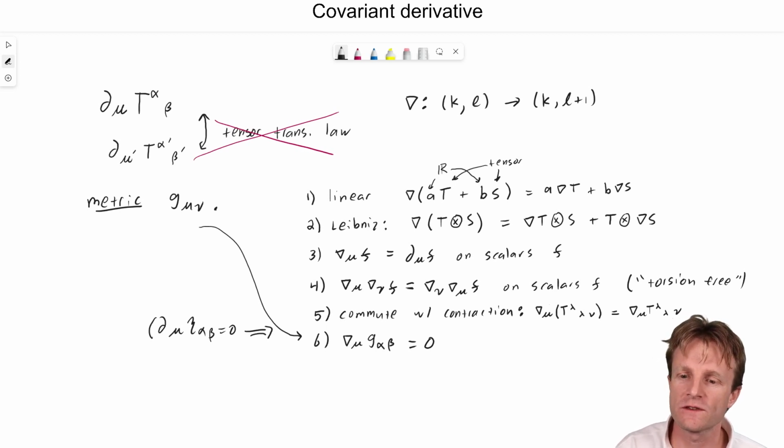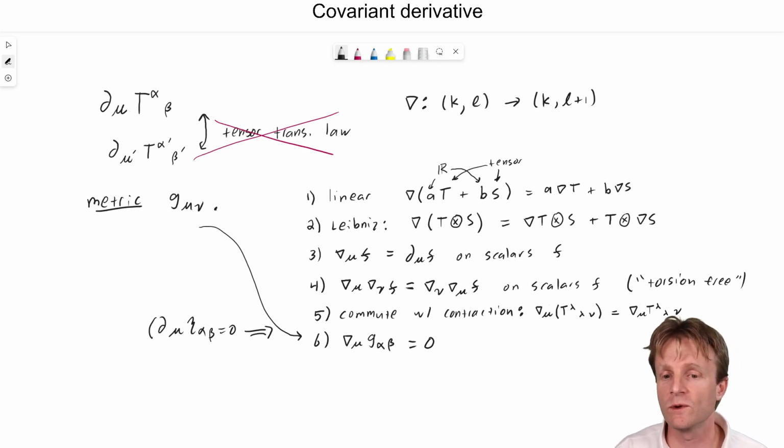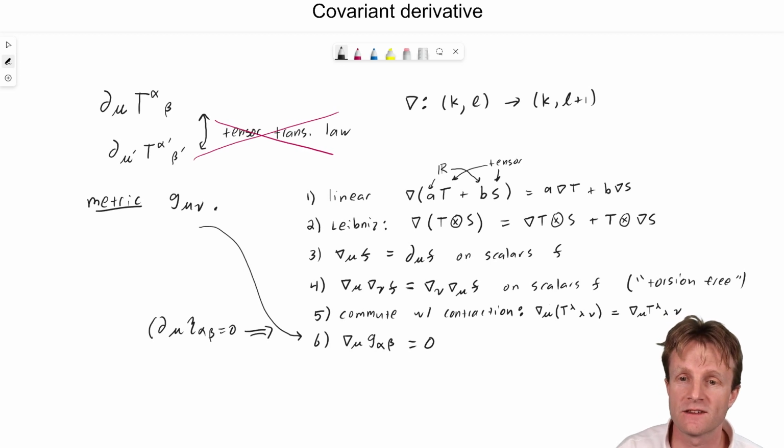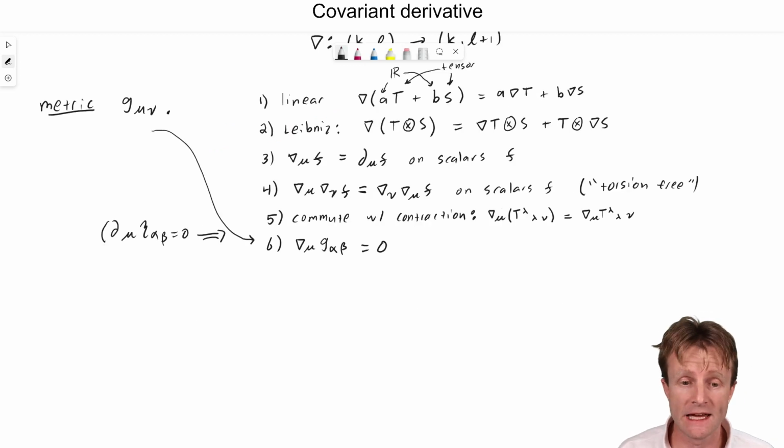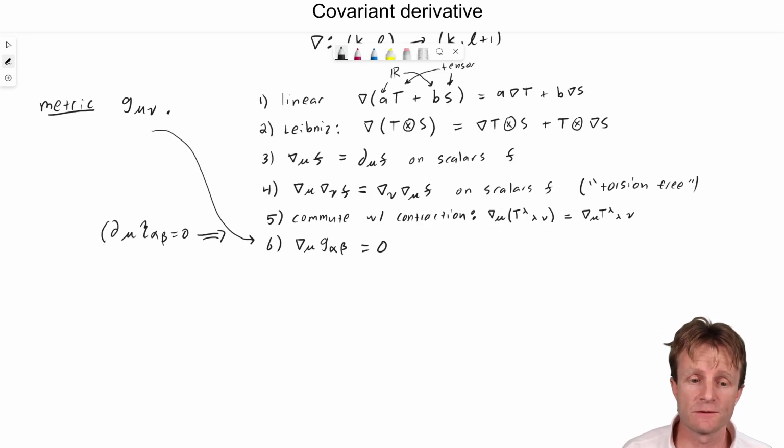You can see that all these conditions we've imposed are just good tensor equations. And so if we successfully get a derivative operator by imposing these conditions, we will absolutely be guaranteed that it satisfies the tensor transformation law as we set out to do. So let's go ahead and see what we can do with these conditions.